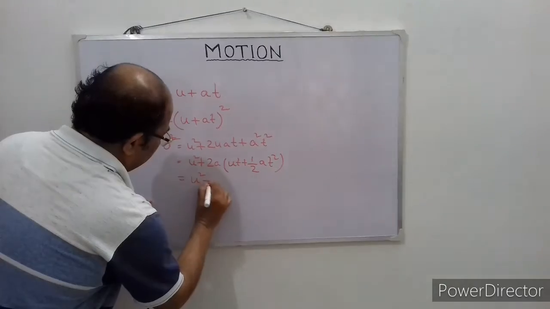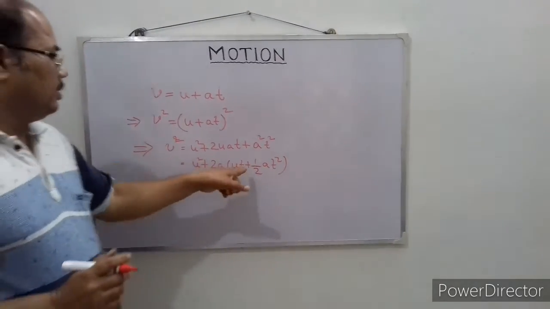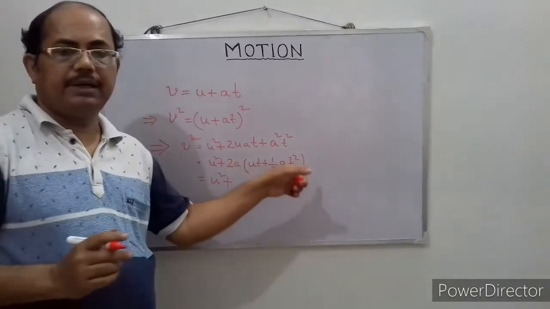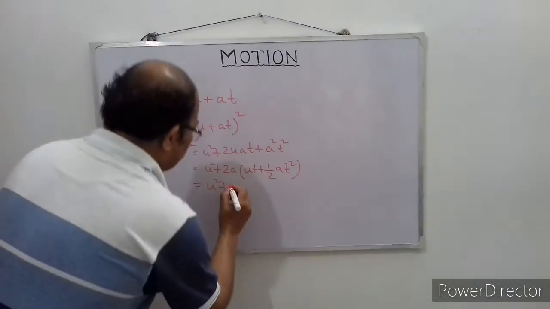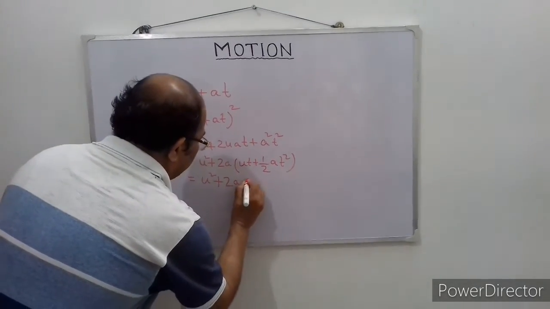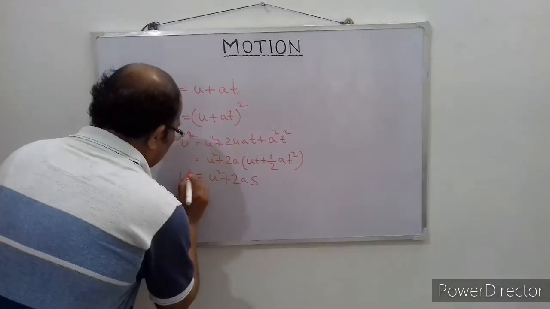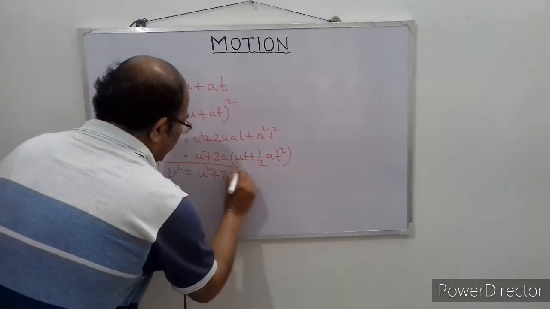As in the previous equation we have learned that ut plus half at square equals the displacement, we can write 2as. So v square equals u square plus 2as.